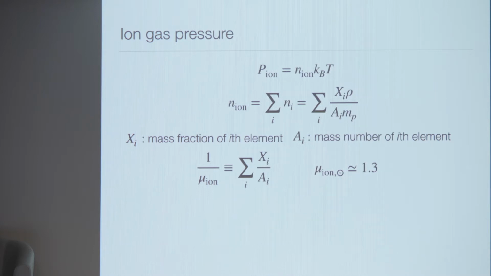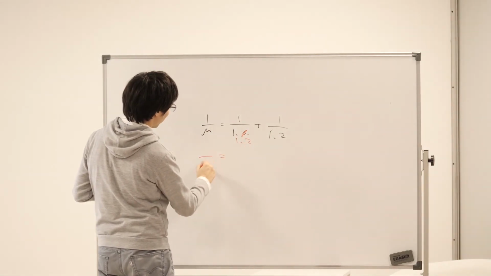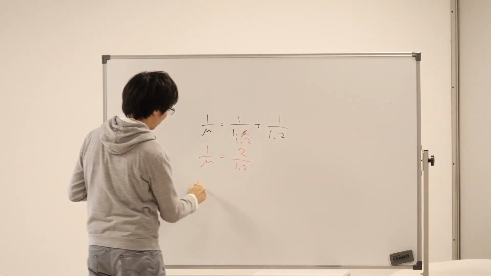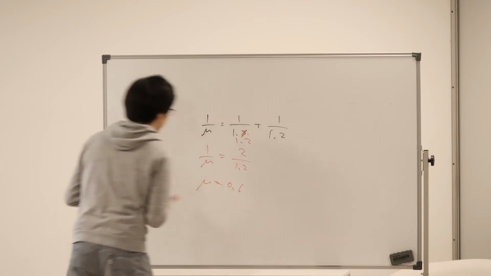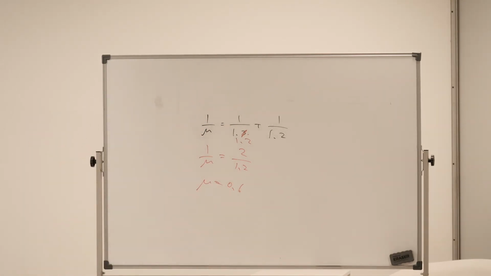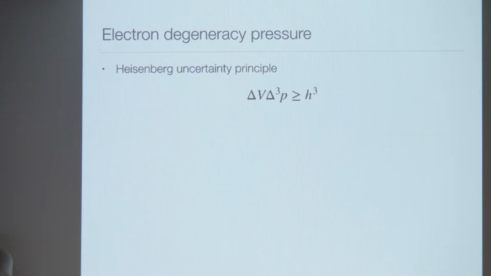So yeah, we can say this is almost 1.2, and then it's 1.22. So mu should be, roughly speaking. Thank you. Yes.